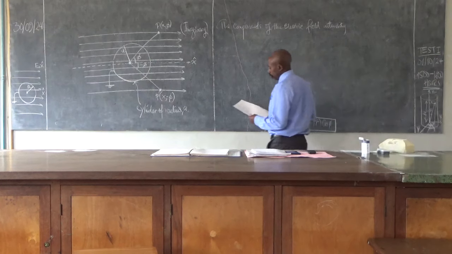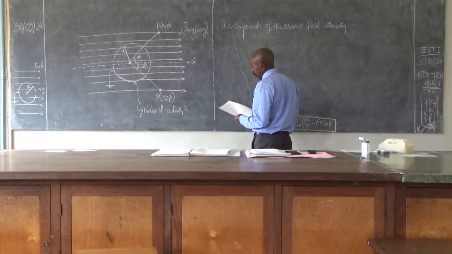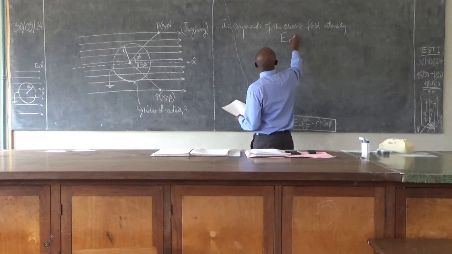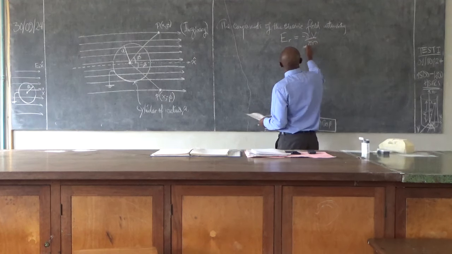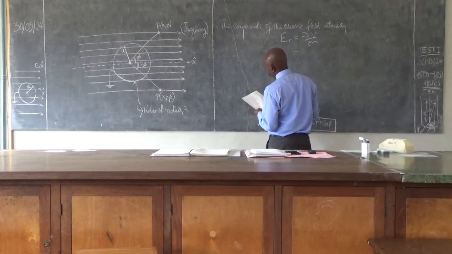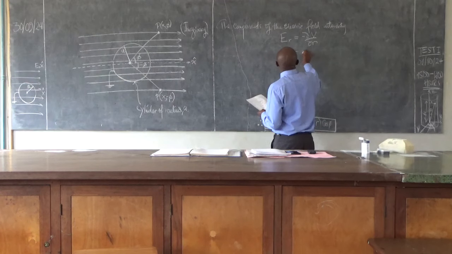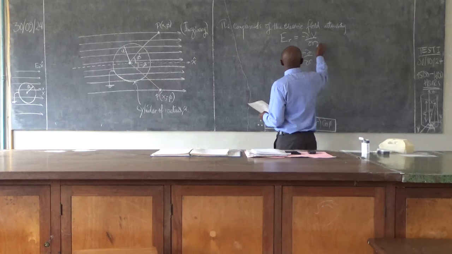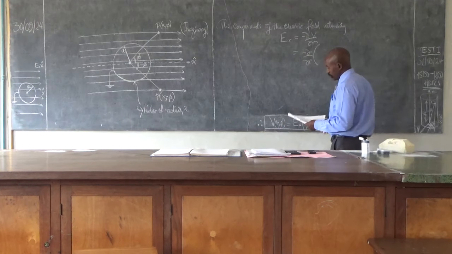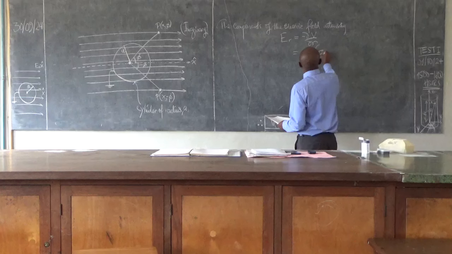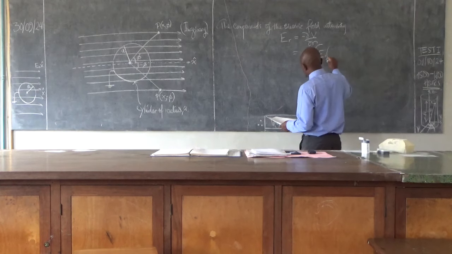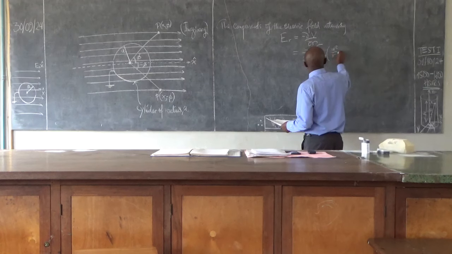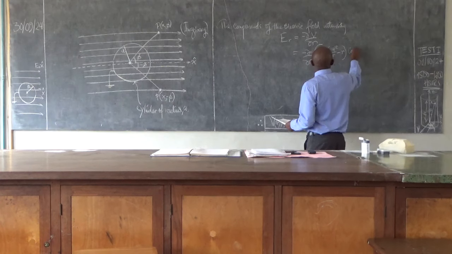We have the radial component, which is minus d V by d R, which is the same as minus d by d R of this whole thing, which is E naught into A squared over R minus R, cos phi.